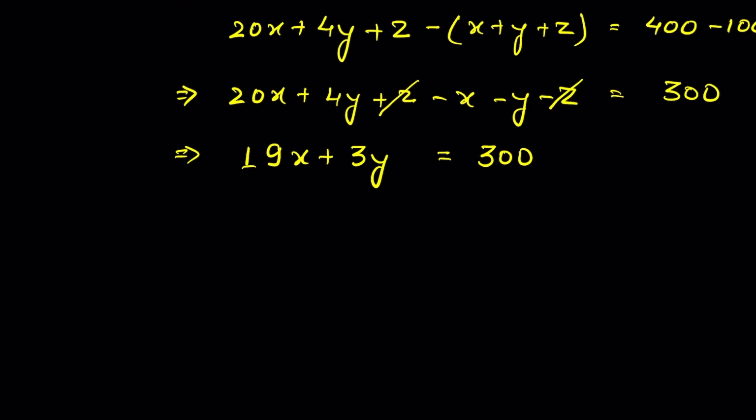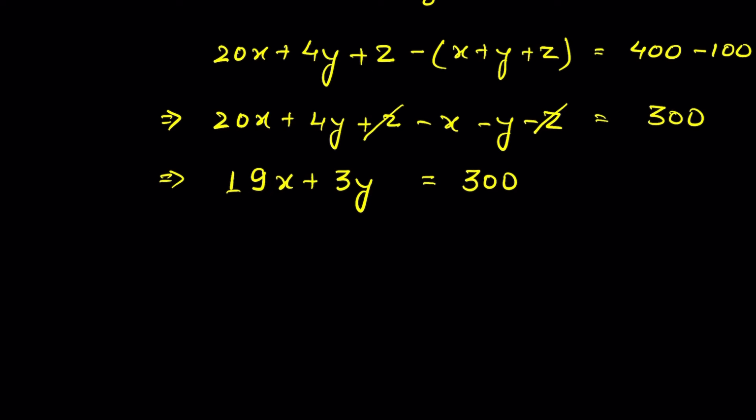Now we have to solve for integer solutions, because the number of shoes cannot be in decimals. So we have to try values for x and y so that we get an integer solution. Let's try with smaller numbers. Let's take x equals 2.